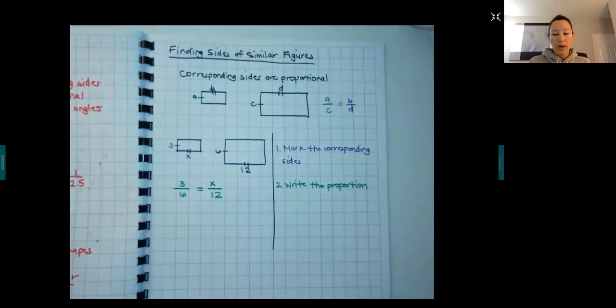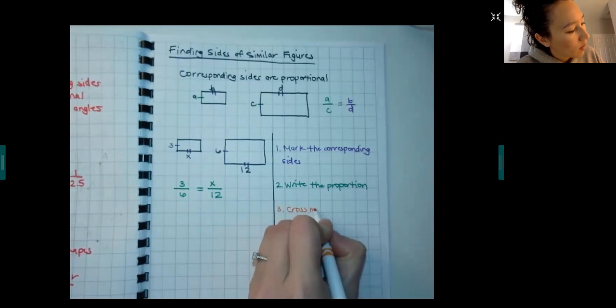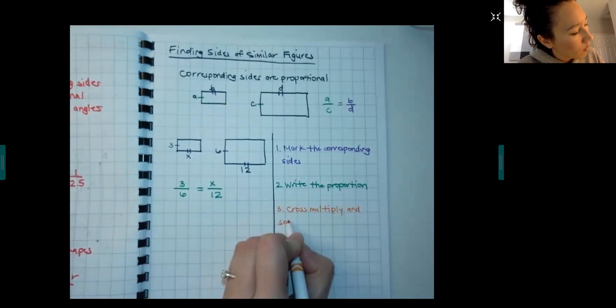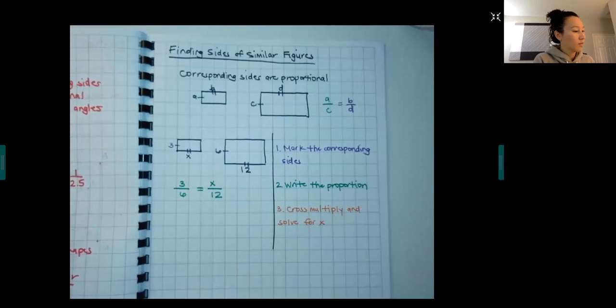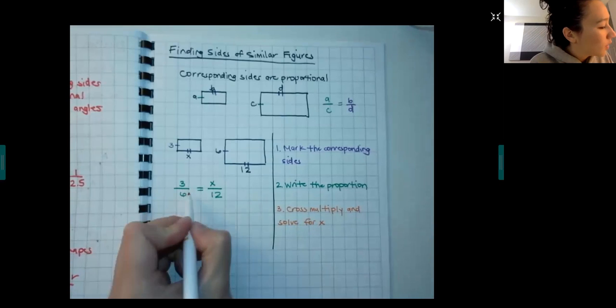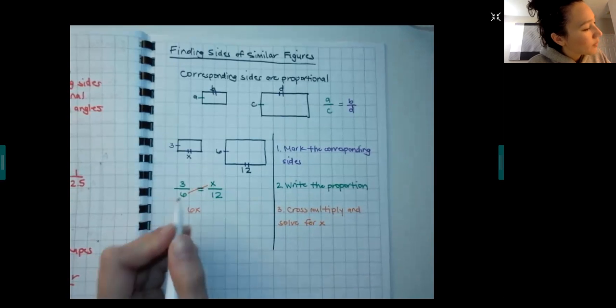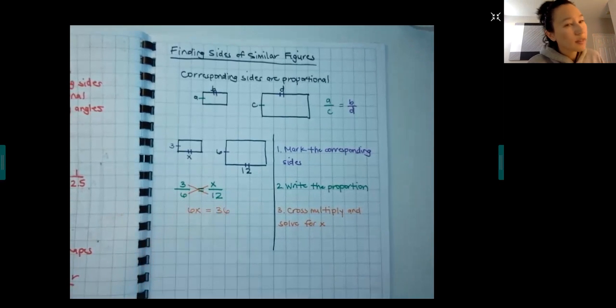So once we write the proportion, then we just cross multiply and solve for x. So 6 times x is 6x, and 3 times 12 is 36.